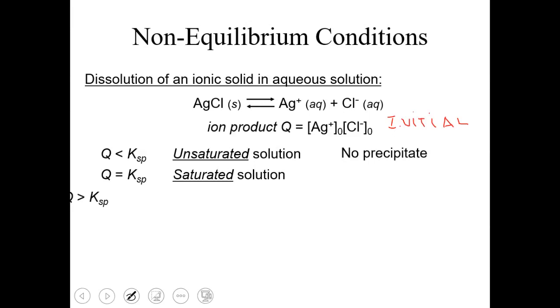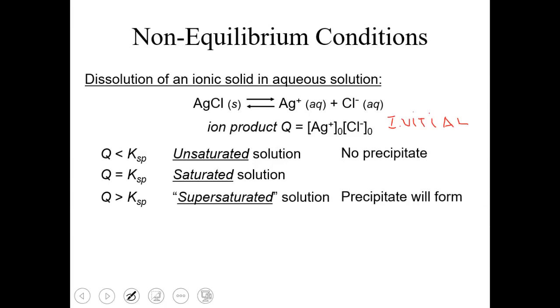And if we calculate the ion product and it comes up larger than KSP, well, that means that the right side of that equation is overloaded. And Le Chatelier indicates, well, this is kind of supersaturated, quote unquote, which means that you are going to get a precipitate in this case. So what this does is it allows us to do some calculations here.